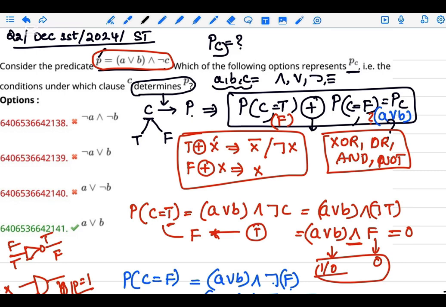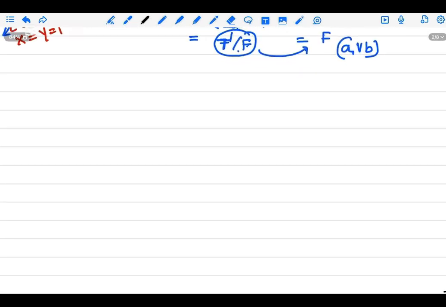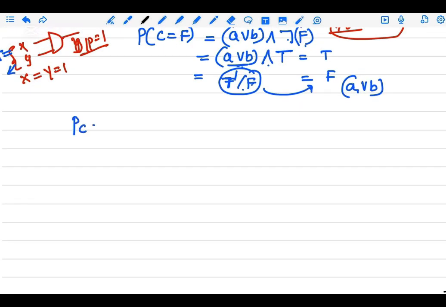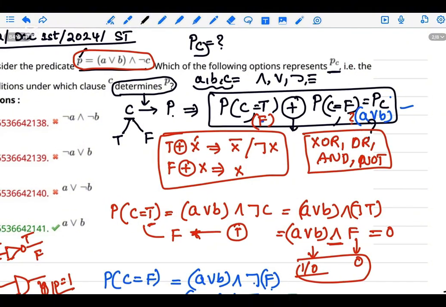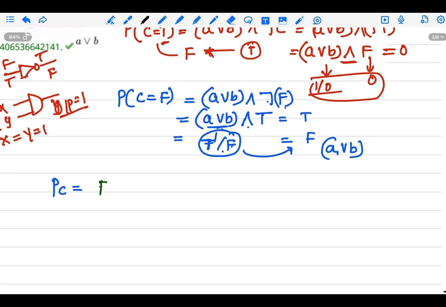Finally, we want to find PC, which is false XOR with A or B. We are calculating this value at C equals true and this value at C equals false in the predicate.